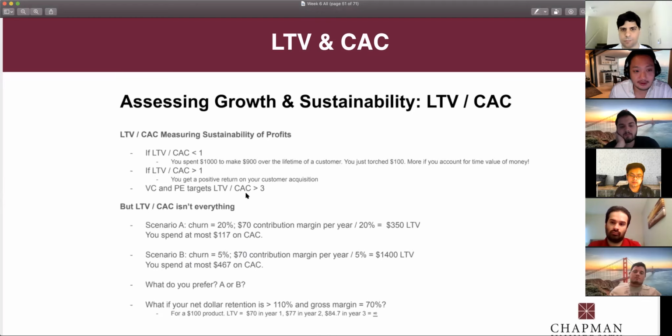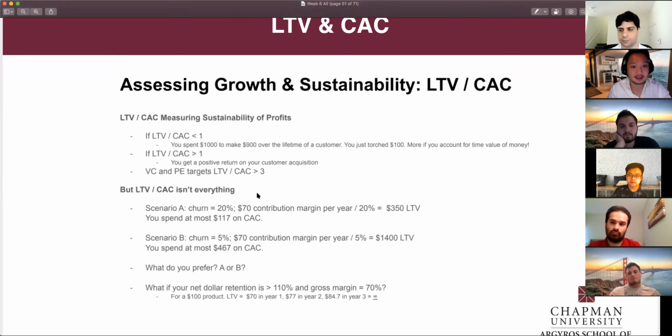VCs and PEs target an LTV to CAC ratio that's greater than 3. This is because it's not just about acquiring that customer. You have to cover rent, insurance, and the product team and engineering team salaries, all that stuff.